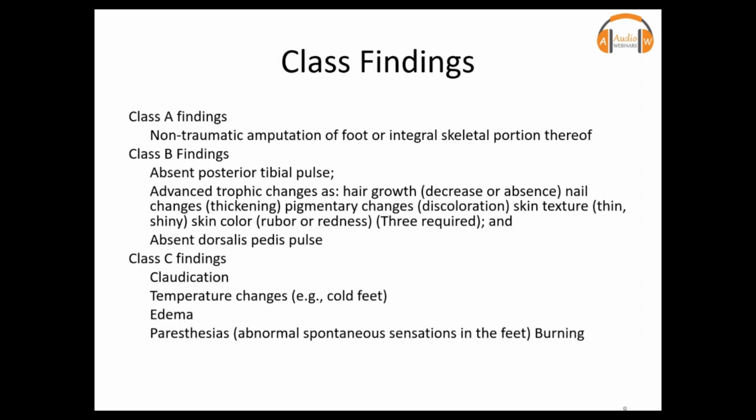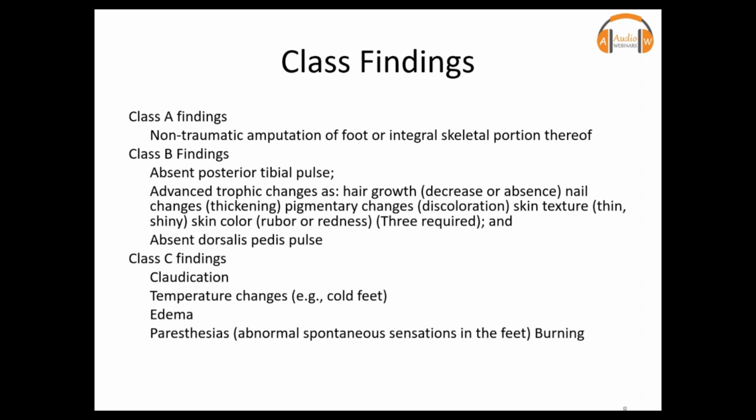So we have claims that need to have class findings identified as a modifier on the claim. And as you can see, there are three kinds of class findings. There's class A, B, and C. And for A, it is the non-traumatic amputation of the foot.